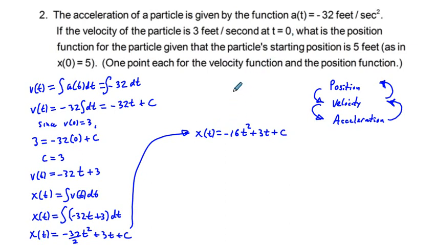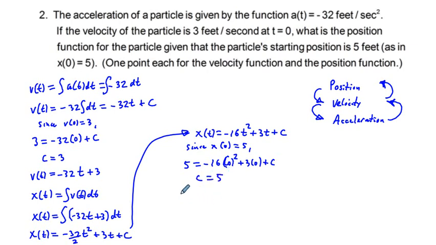And so now, since x of 0 is equal to 5, then we'll have 5 is equal to negative 16 times 0 squared plus 3 times 0 plus c. So c is equal to 5.